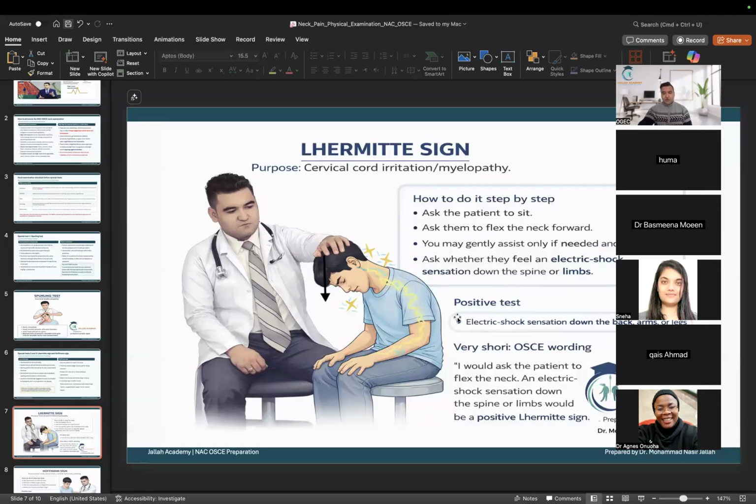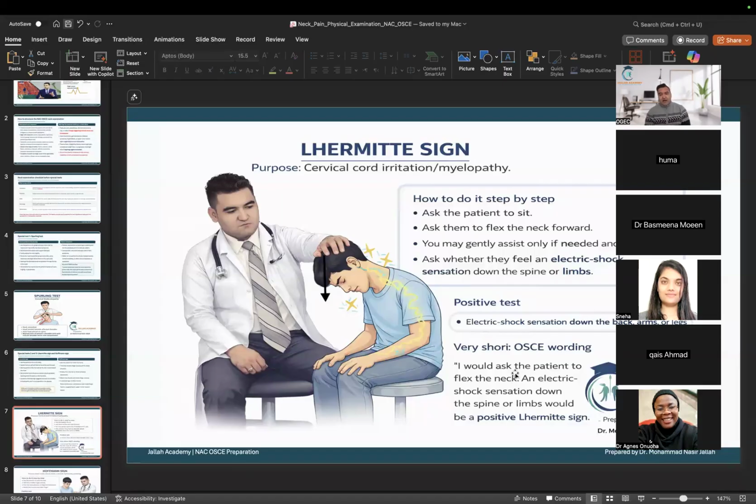Good? So, very short OSCE wording. Before we do it, we turn around, have proper eye contact with the examiner, and say that I would like to perform the second special test, called the Lhermitte test, to rule out cervical myelopathy. The examiner would say perform, or explain, do not perform.